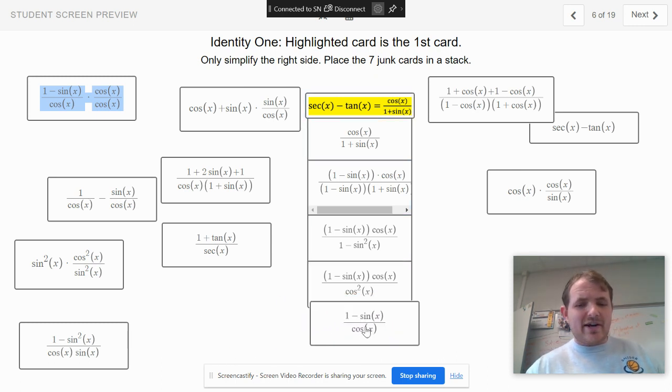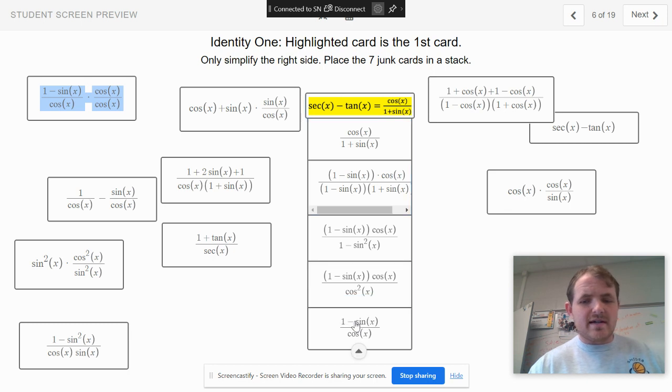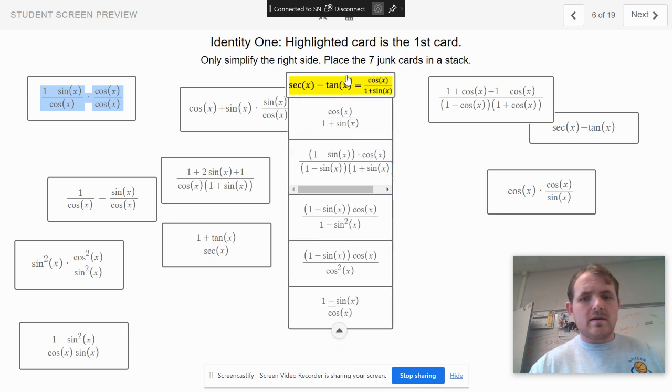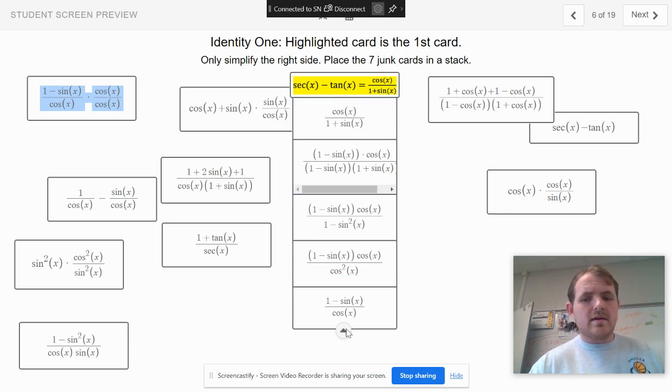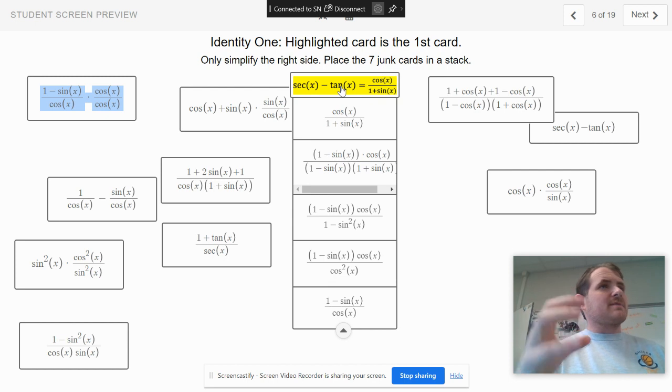So that right there has those canceled, if you can see it. So it's still not secant and tangent, but notice it's all one fraction right now. And I want to try to turn it into two separate expressions, because it's got the subtraction in between it.